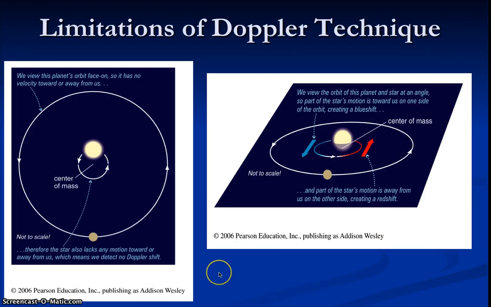Now, the Doppler effect isn't perfect because we have to have some sort of motion towards us and away from us. If we were viewing the orbit in a plane perpendicular to our line of sight, we wouldn't see any Doppler effect at all, and therefore we wouldn't even be able to say anything about the motion of the star.